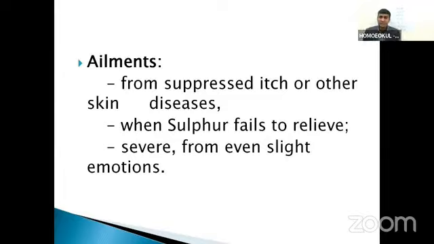Asthma from suppressed eruption. Now open Hepar sulph. In bracket, you will get Psorinum.